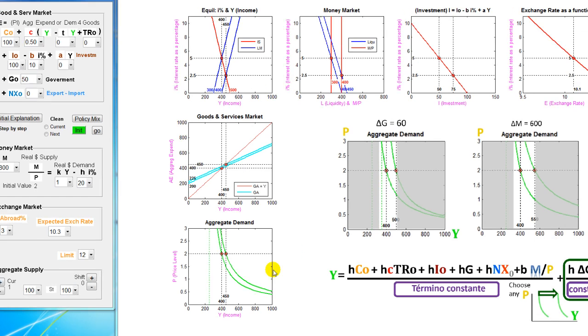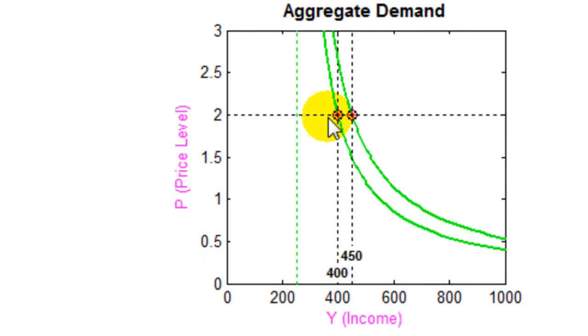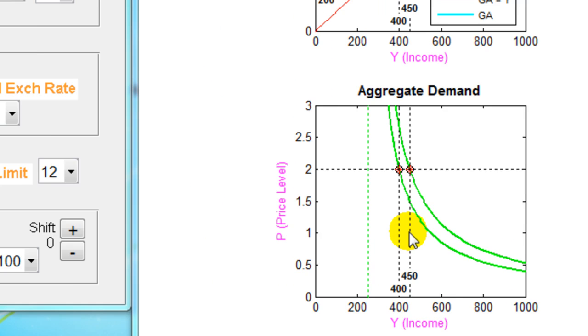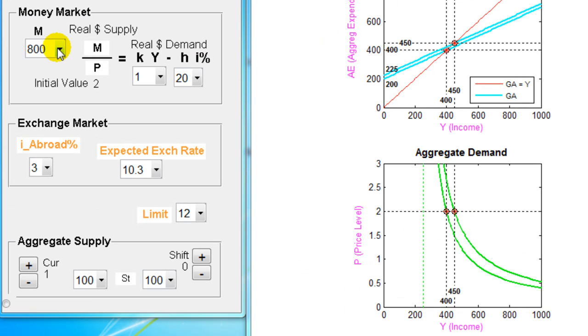So the conclusion is that there will be a shift of the aggregate demand, and then income will pass from 400 to 550. This is the effect of expansionary monetary policy when we increase M from 600 to 800.